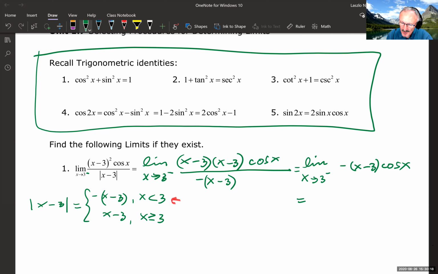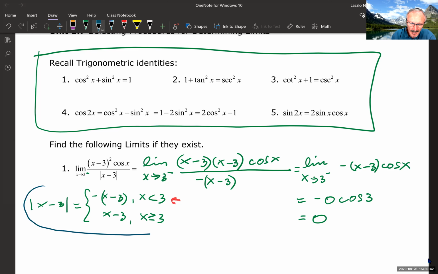So this is the negative, or the opposite, of 0 times the cosine of 3, and I believe that results in 0. So we have our limit, and so hopefully that was an easy solution for you utilizing the absolute value definition right here. We rewrote that as a piecewise defined expression.